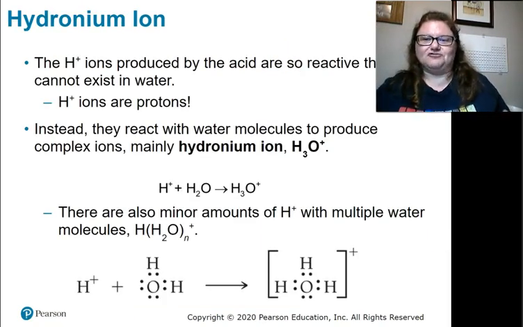So let's talk about this hydronium a little more. When we have an aqueous solution and an acid that's losing protons, these are readily taken up by water. Water has that oxygen on it with the two lone electron pairs, and so a lonely old proton would be snatched up very quickly by that oxygen and its lone electrons.